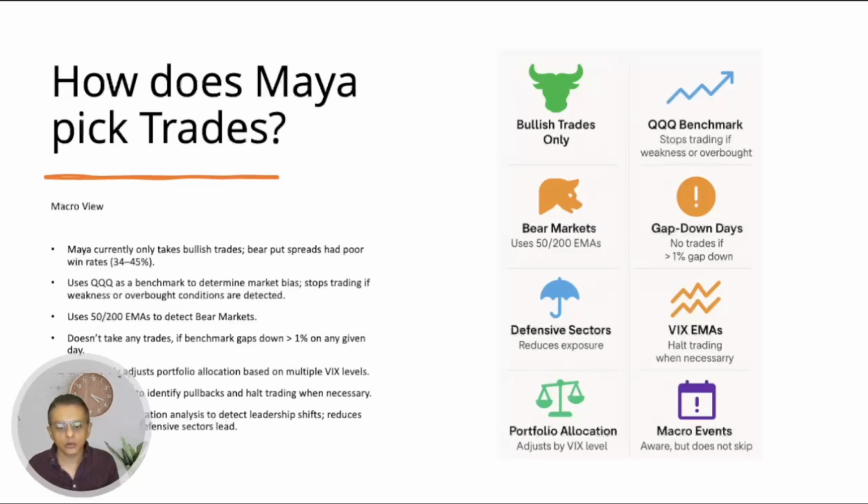So the algo calculates sector strength on a daily basis. And if it detects that money is starting to flow into the defensive sectors, it starts getting conservative, and it drops its exposure to the market. For example, it could be trading at, let's say, 50% exposure when markets are going up and VIX is low and there is no uncertainty or fear.